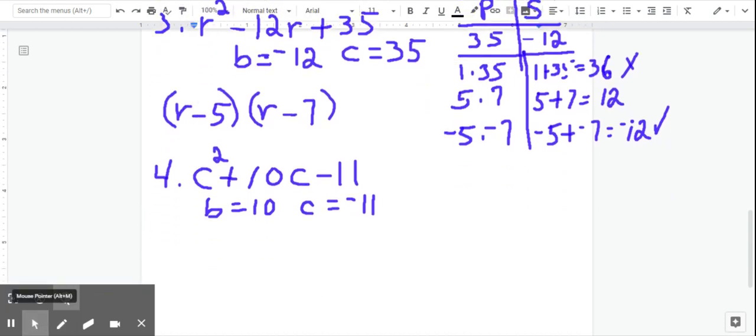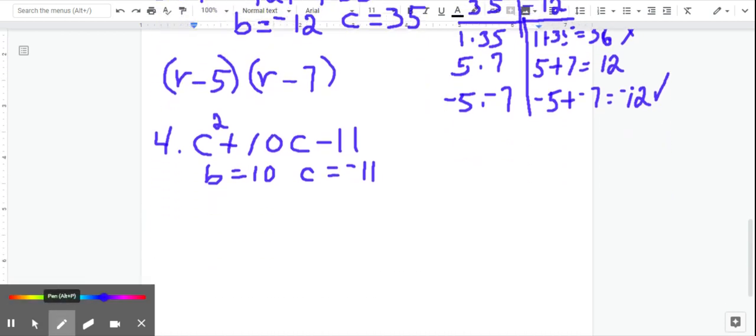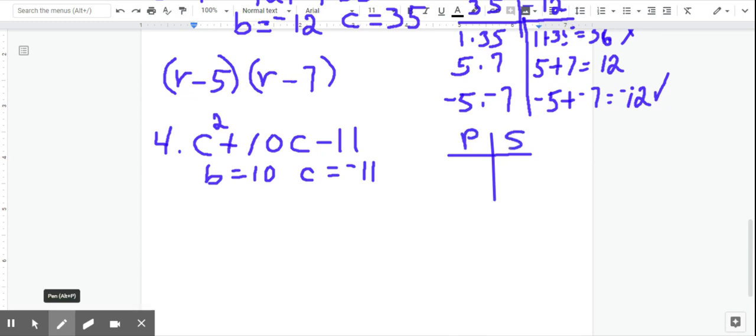So we're going to set up a table. Product, sum. Our product is negative 11 and our sum is 10.